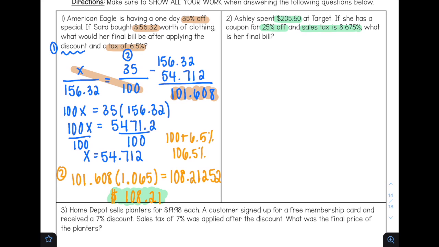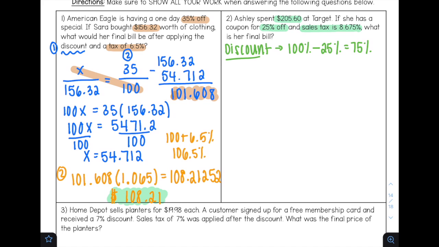Okay, so for number 2, for the discount, what I'm going to do first is apply that. I know it's 25% off, so I want to do some quick math. If I start out with something that's 100%, I know that I'm saving 25%, so how much am I really going to be paying for the item? I'm only paying 75%.